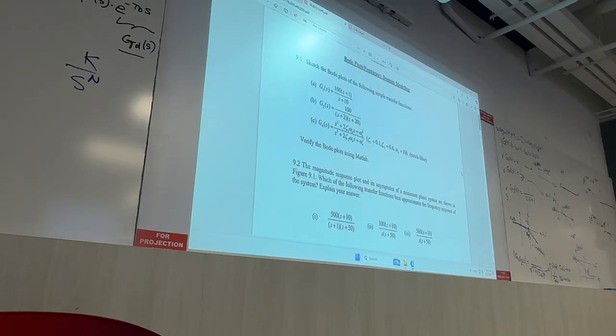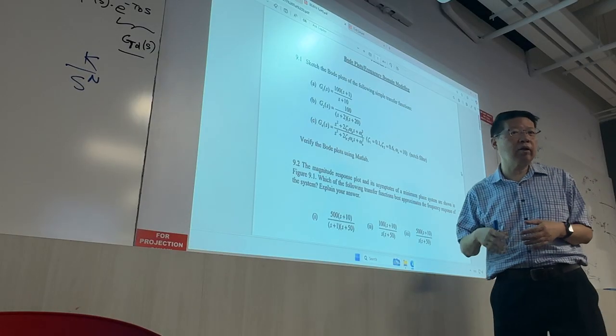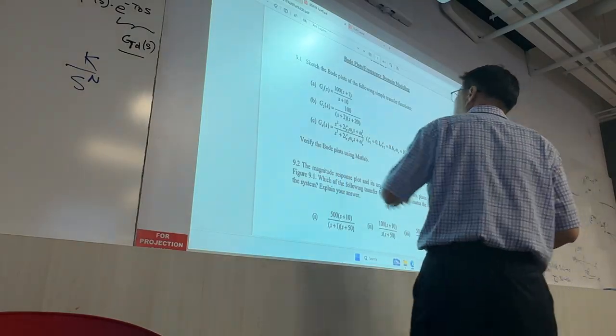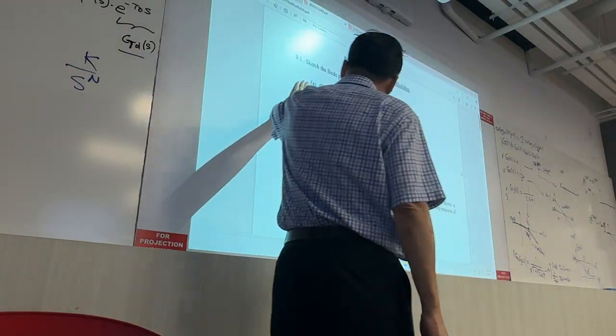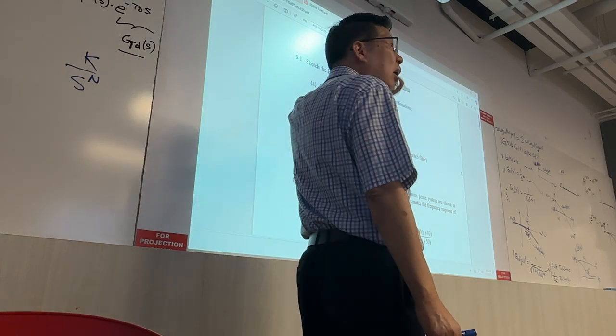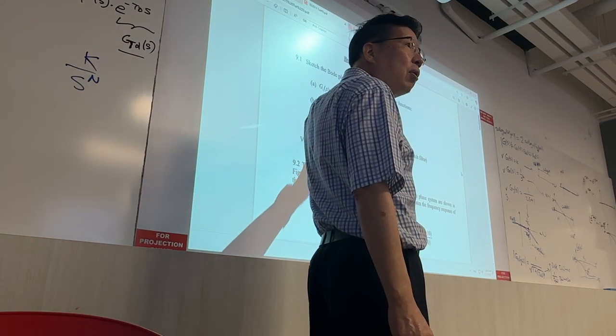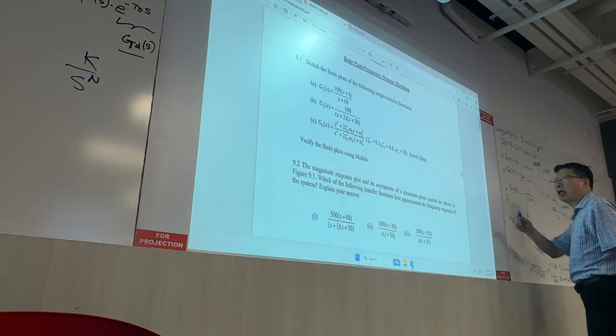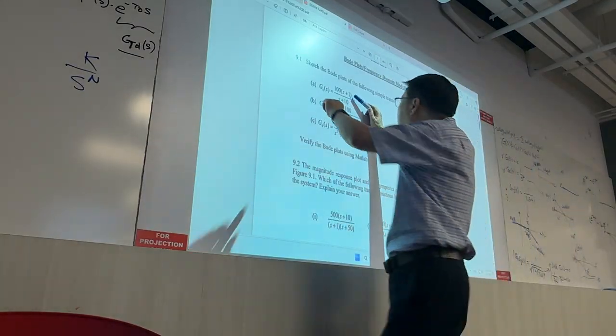Alright, so it's a bit long, but those are foundations. Once you have a good understanding of the foundations, then solving all these will be rather straightforward. So in this case, I'll skip some of this or point out the key things you need to know. Then I'll leave it to you for this one, A.